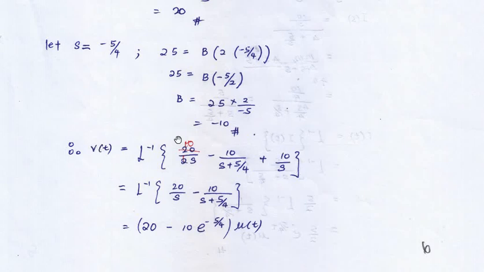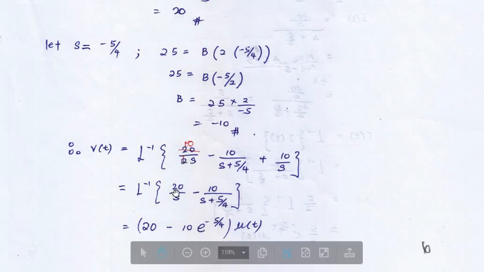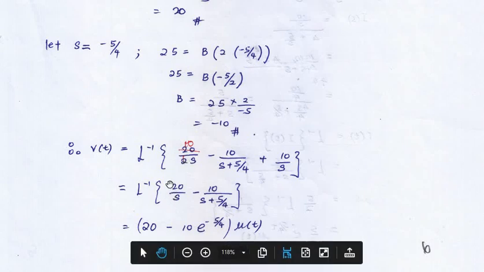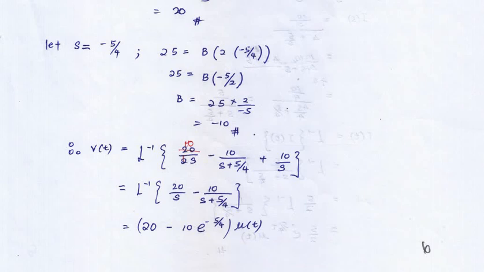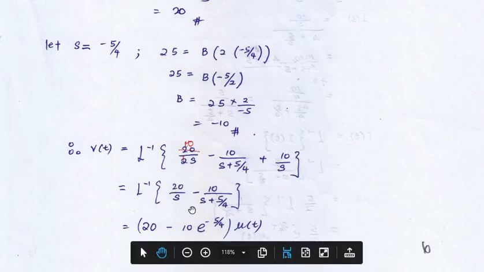So the inverse Laplace transform: this should be 10 over s, no, 20 over s. 10 over s plus 10 over s, you still have 20 over s minus 10 over s plus 5 over 4.